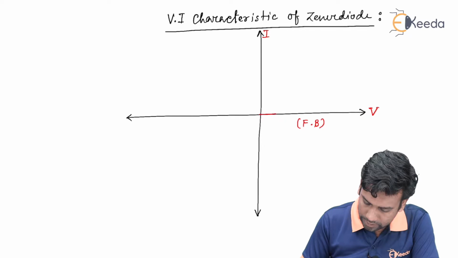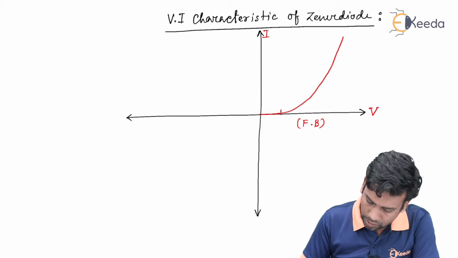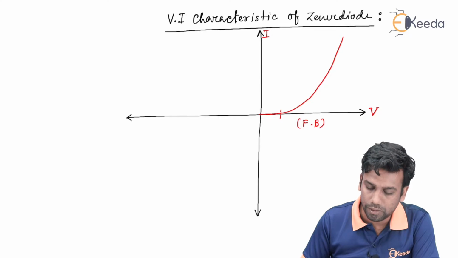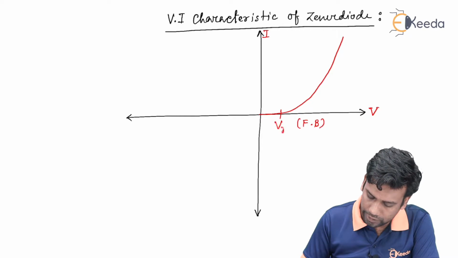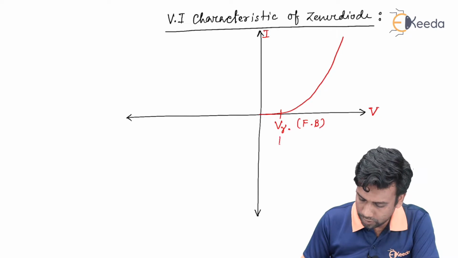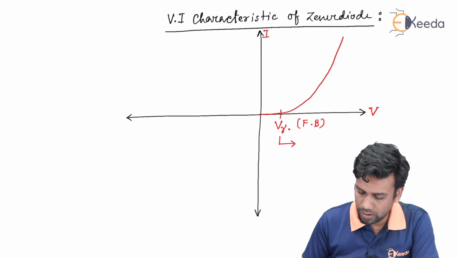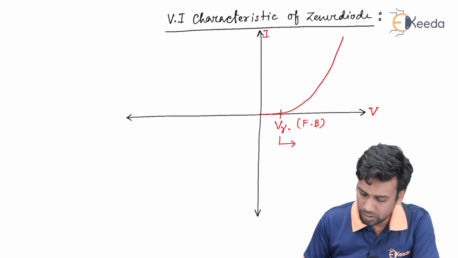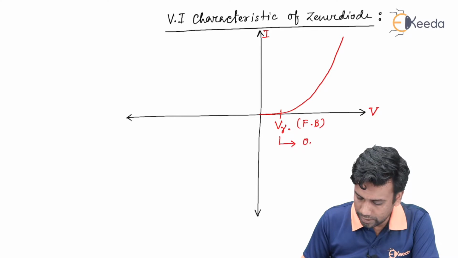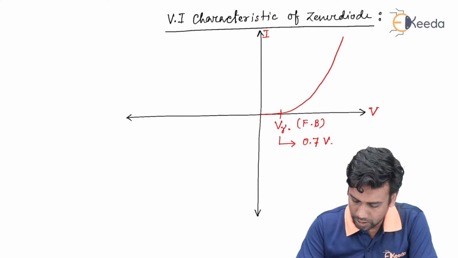In the forward bias it behaves as a normal PN junction diode, and this will be the cut in voltage of the diode. Since Zener diodes are made of silicon, due to the high thermal stability of silicon, this cut in voltage will be of the order of 0.7 volt or 0.6 volt.